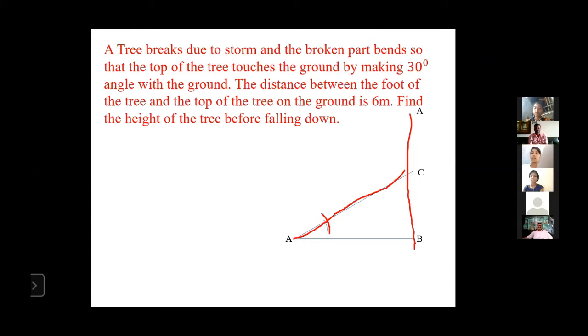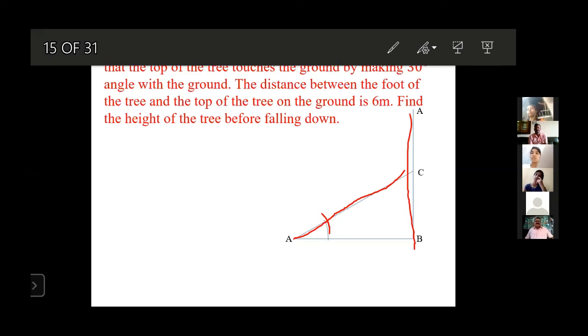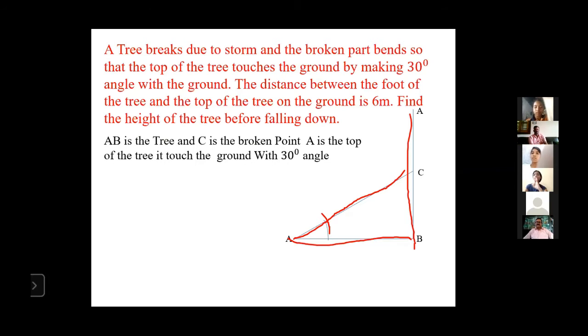It means the foot of the tree is position B and the top of the tree is position A downwards. They asked to find the height of the tree before falling down, the total height of the tree. Did you understand friends what is given? Yes, we understood well.